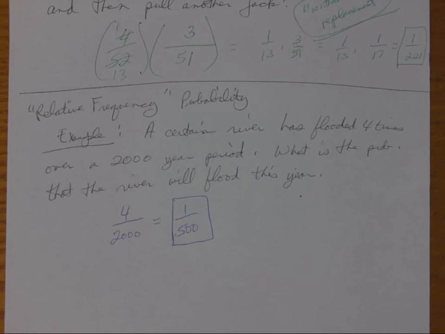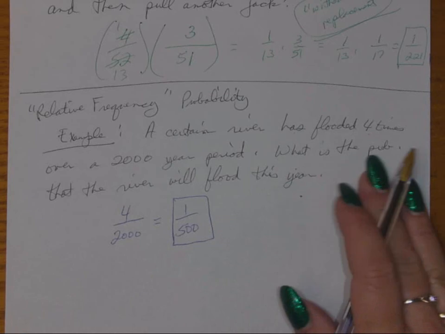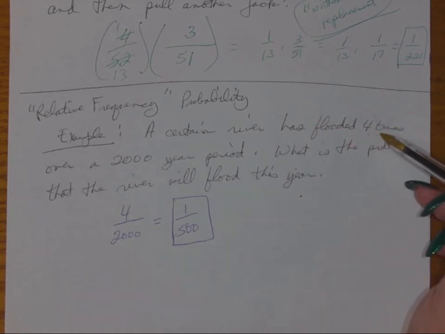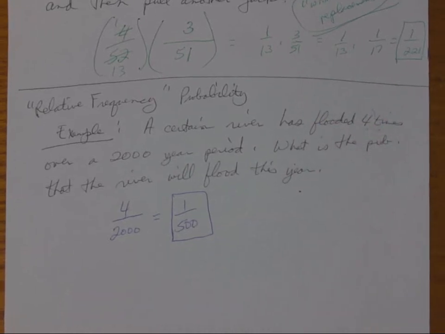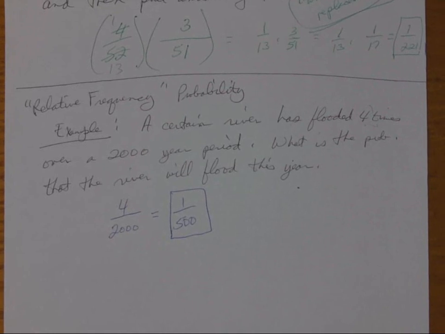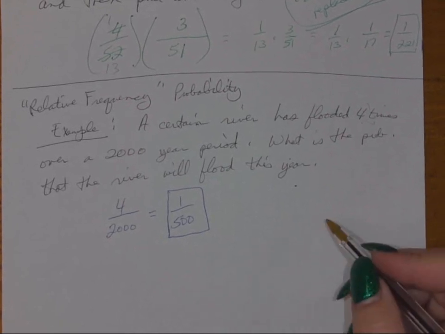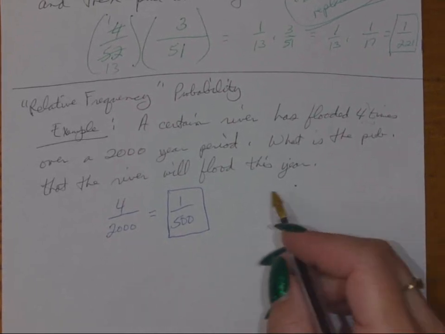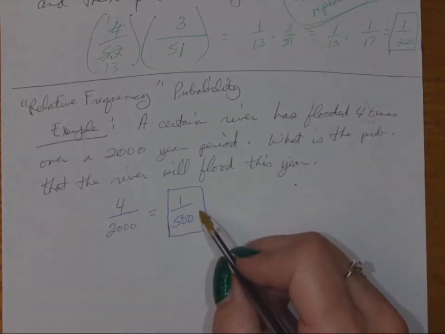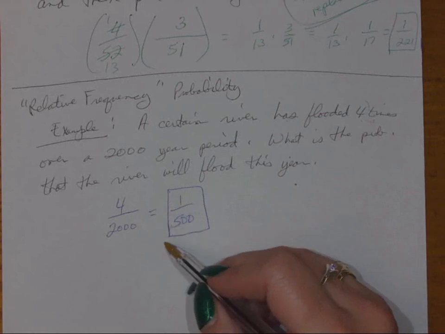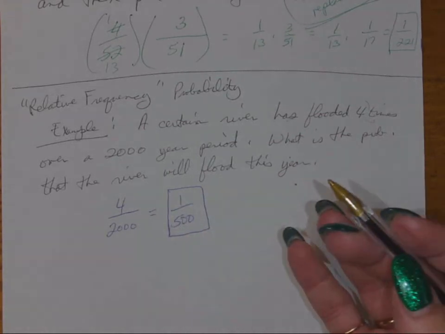Okay? So, it doesn't matter. It could have, we don't know. 3 of these floods could have been 3 years in a row. So sometimes people will call this a 500-year flood. Okay, it's not going to flood because it only floods every 500 years. But we have to be a little bit careful. There's still a possibility that it would flood this year. It just may be very unlikely. Okay, so the probability is very low.